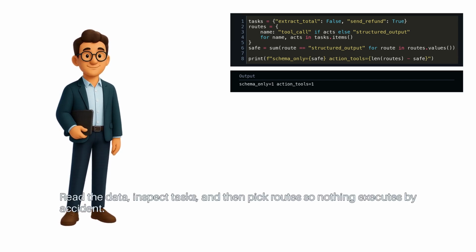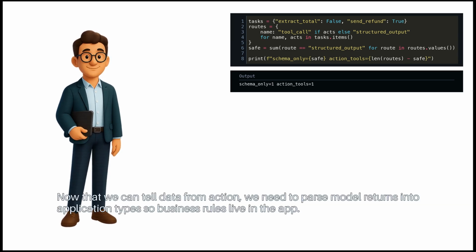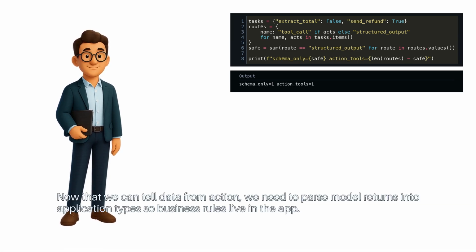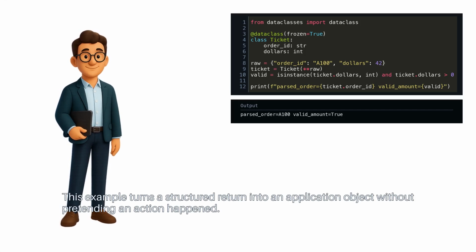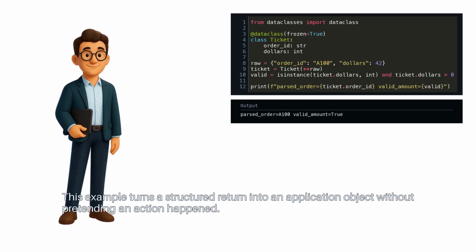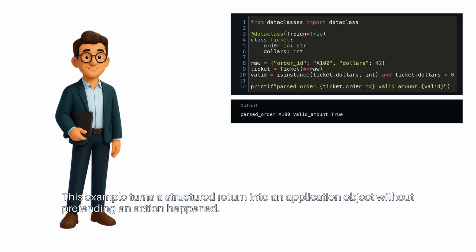Read the data, inspect tasks, and then pick routes so nothing executes by accident. Now that we can tell data from action, we need to parse model returns into application types so business rules live in the app. This example turns a structured return into an application object without pretending an action happened.